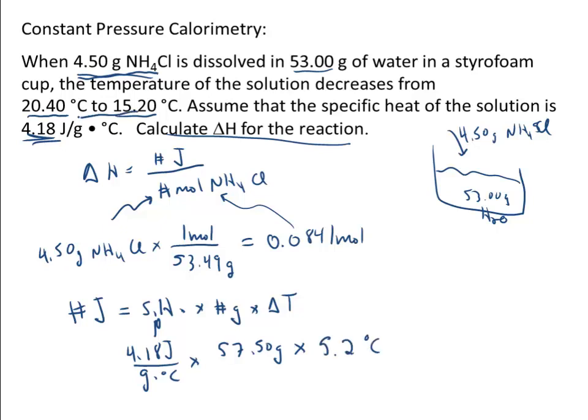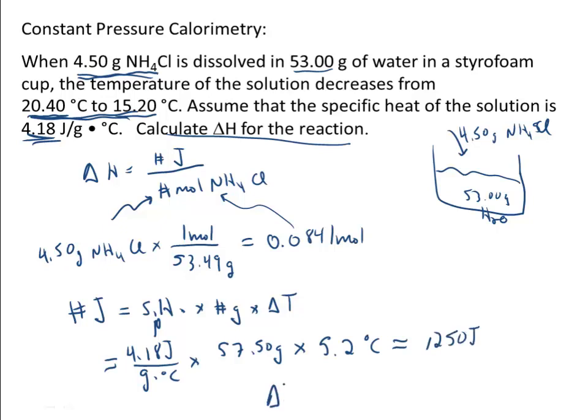Now the temperature went down, so you would normally write that as a negative. My advice is just do everything as a positive. You know the reaction is exothermic or endothermic, and just put the correct sign on when you're done. So that's 4.18 times 57.5 times 5.2. So that's 1,250 joules.